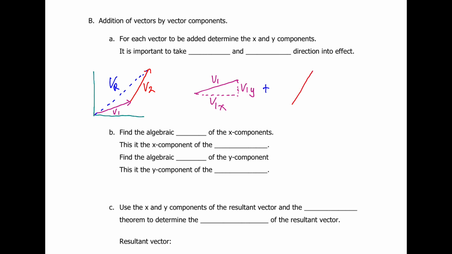I'm going to draw it nice and steep so they look different. And it also has an x component and a y component called v2 in the x direction and v2 in the y direction.